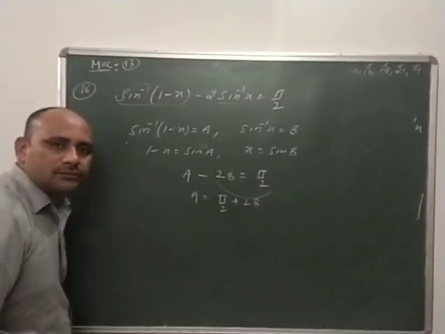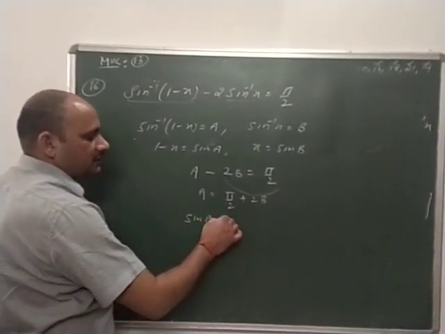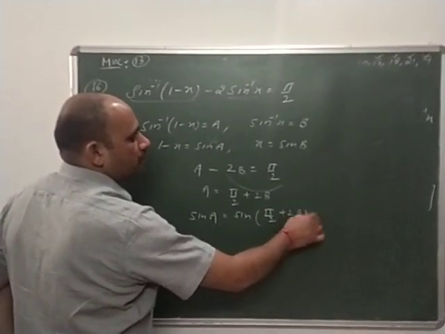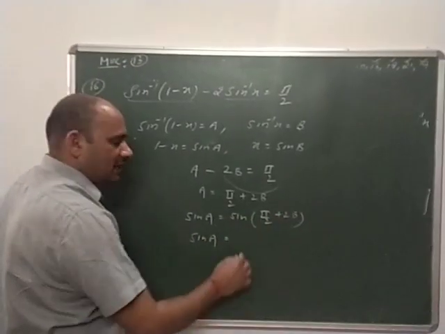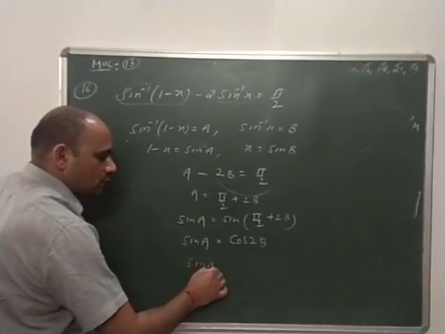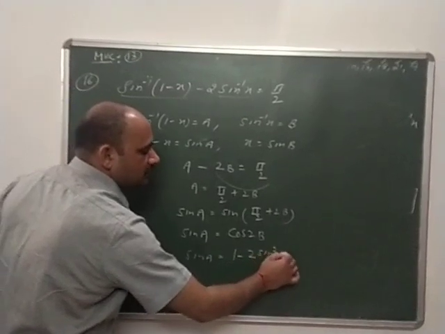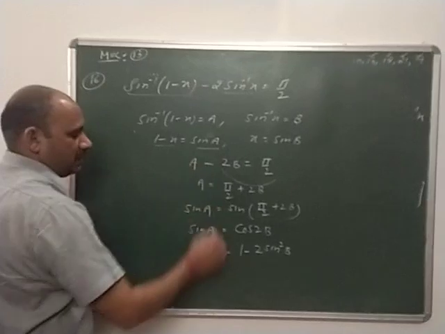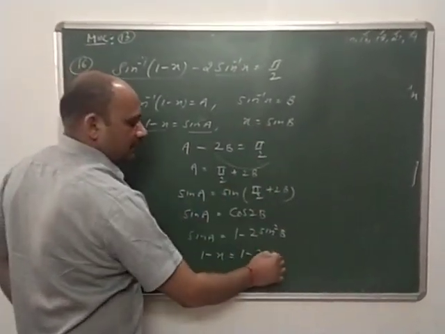Minus 2B on the right side becomes plus 2B. Taking sine on both sides, sin A equals sin of pi by 2 plus 2B. You know sin of pi by 2 plus theta is cos theta, and cos 2 theta is 1 minus 2 sin square theta. Now, the value of sin A is 1 minus x, sin B is x, so x square.